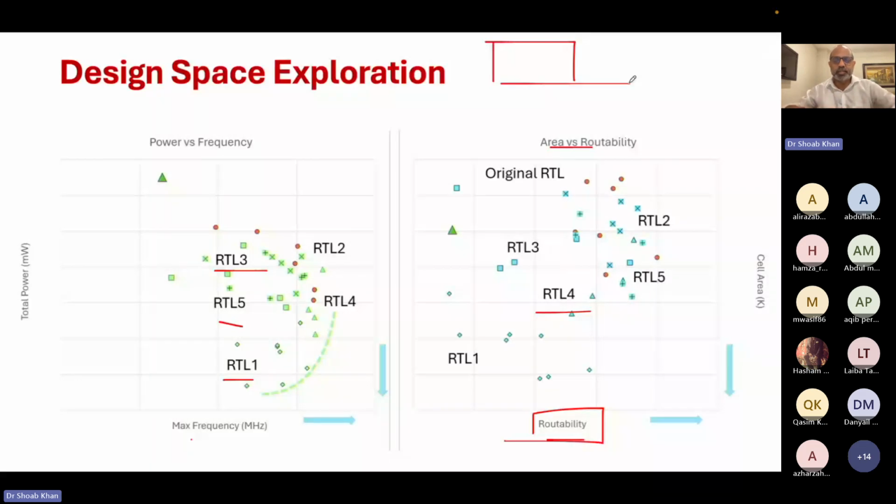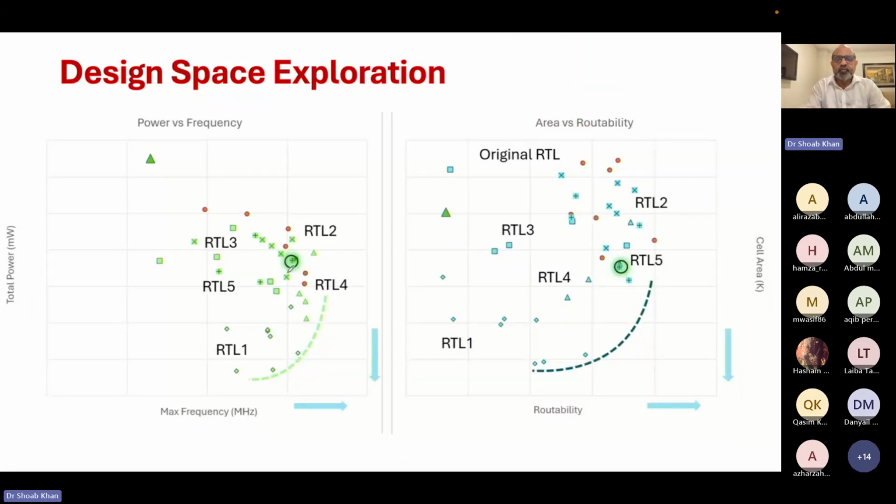So many ways to do that. And that's why the architects, based on your requirements, give you the best placement. So you have to find out which one is the best trade-off for your frequency, power, area, and routability.